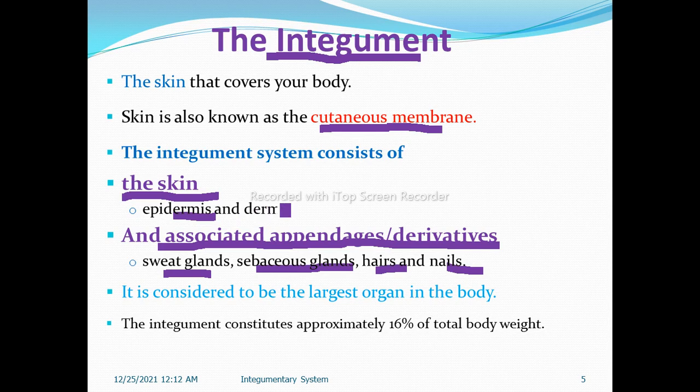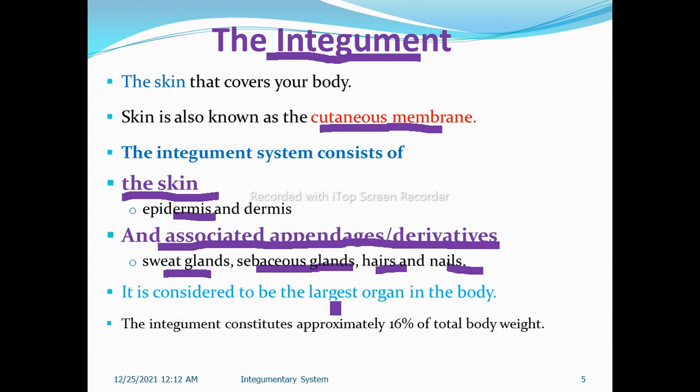But in this context, skin will be considered as two prominent layers, epidermis and dermis, but hypodermis is a separate layer, considered the superficial fascia of gross anatomy. So epidermis and dermis are considered skin, and skin plus appendages are known as the integumentary system.